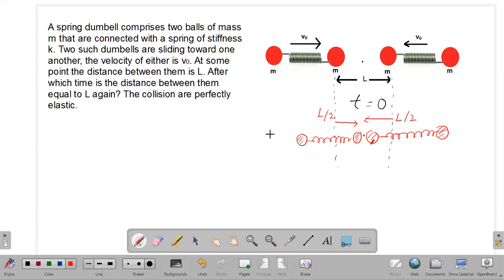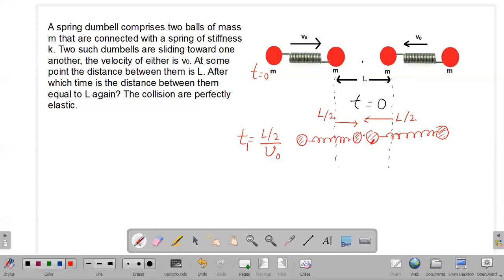So we can now calculate this moment: if the given moment is t equal to 0, then this moment is t equal to the distance L by 2 over the velocity v0. So this is the first time, t1.